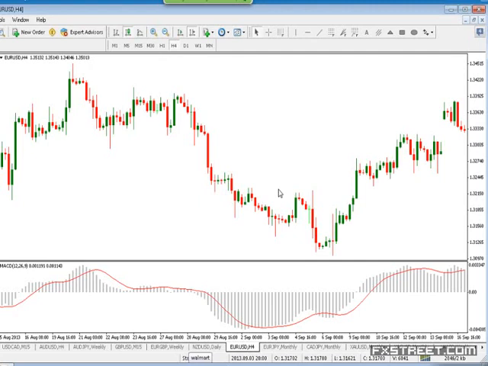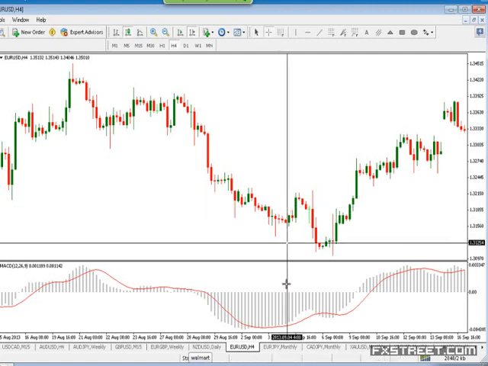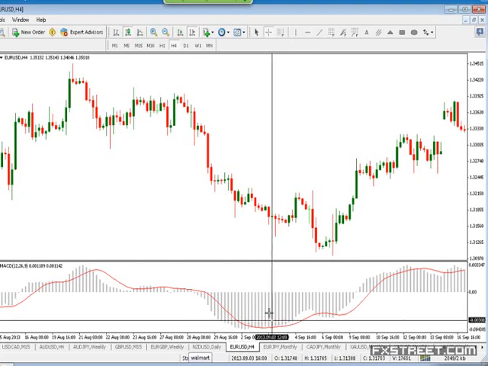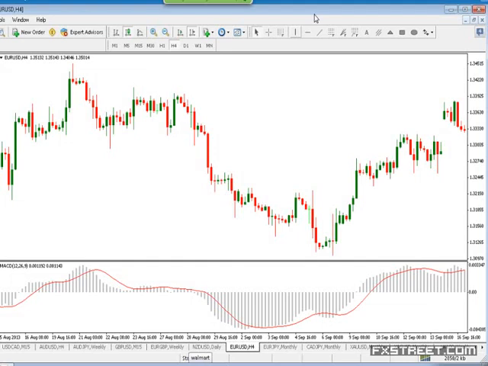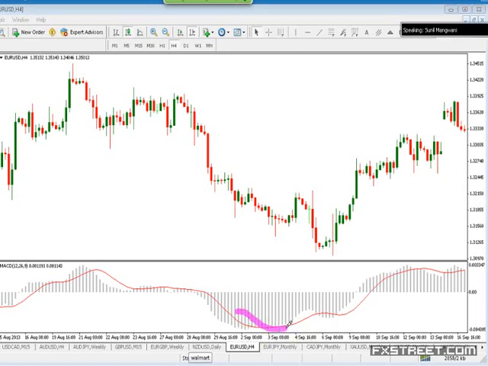Now, what you must look at, the setup condition, is that you must have the histogram forming this peak and the valley. Let me get down to the annotation, just one moment. Right. What I'm actually looking for, there we go, is this peak and this valley. So I have these two peaks and I have this valley in here. This histogram tends to give you a lot of these.